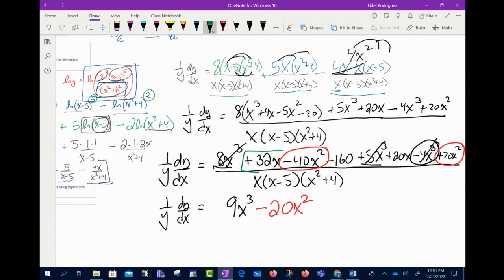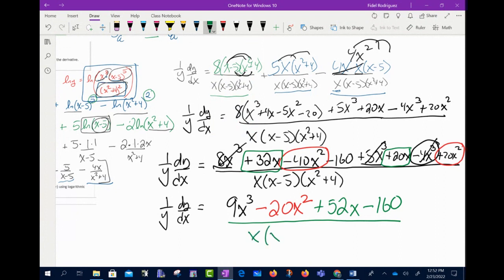What about a positive 32? And it looks like we got a positive 20. 52x. Okay. And then, is it just the minus 160 at the end? Minus 160 at the end, okay.